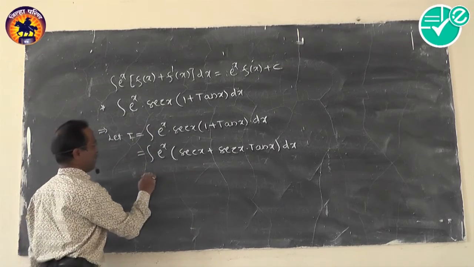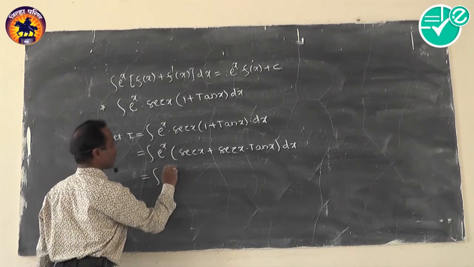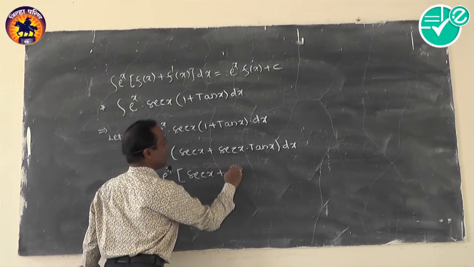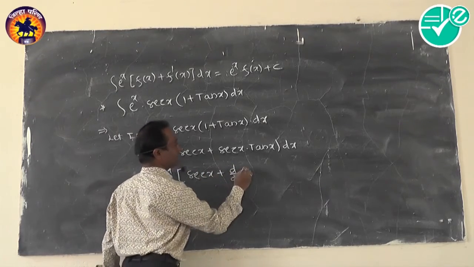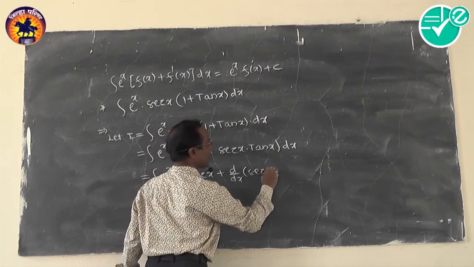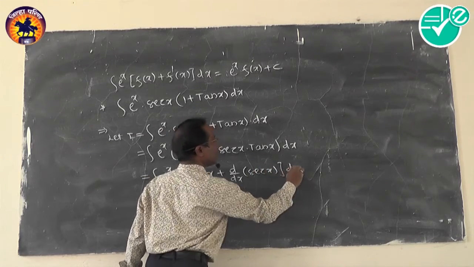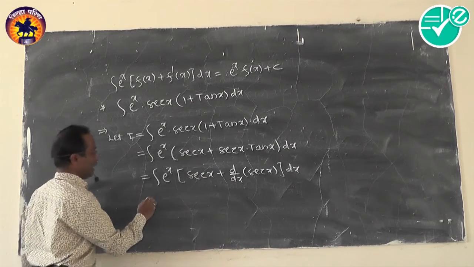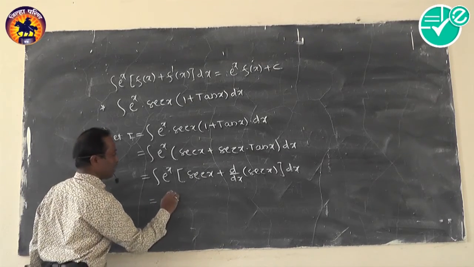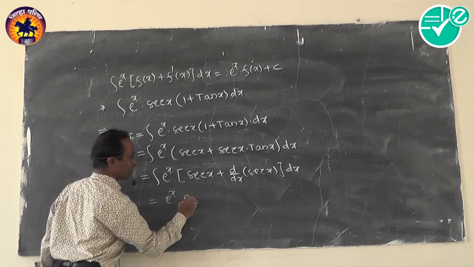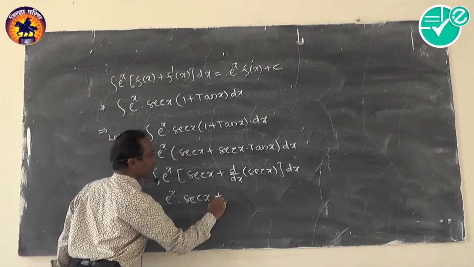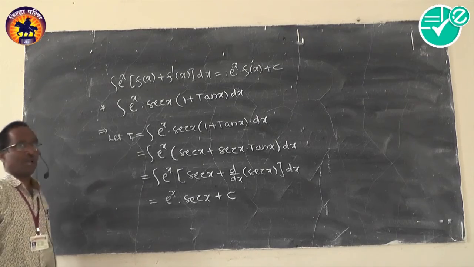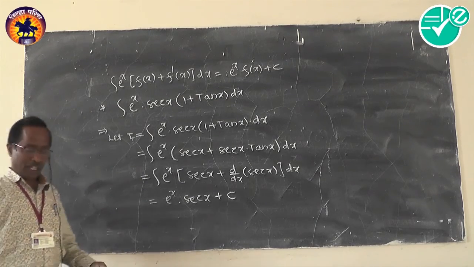So this can be written as sec x plus d by dx of sec x into dx, e to the power x into function plus its derivative. Then integration of this function is e to the power x into function sec x plus c. So this is the solution of this example. So today we will stop here.